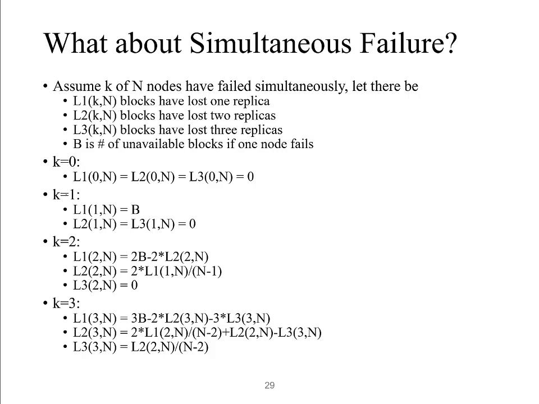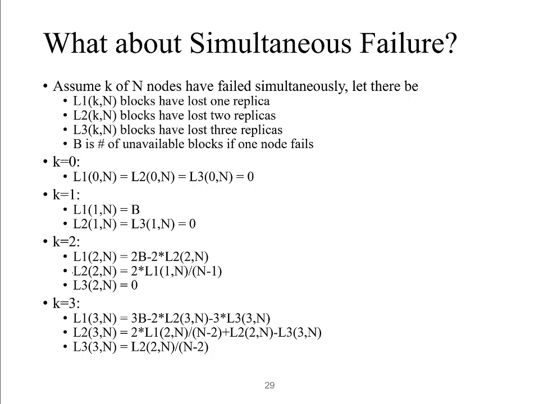When k equals 1, L1 equals B, because if one node fails, you lose B blocks, which each lose 1 replica. L2 and L3 are 0 as well. Okay, k equals 2. Let's start from L2 first.